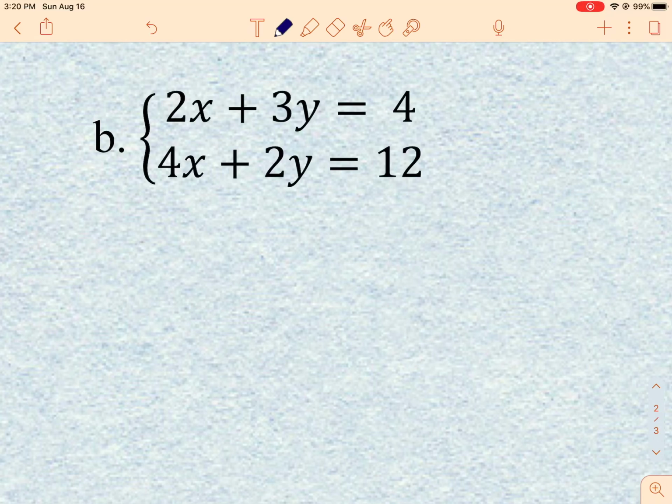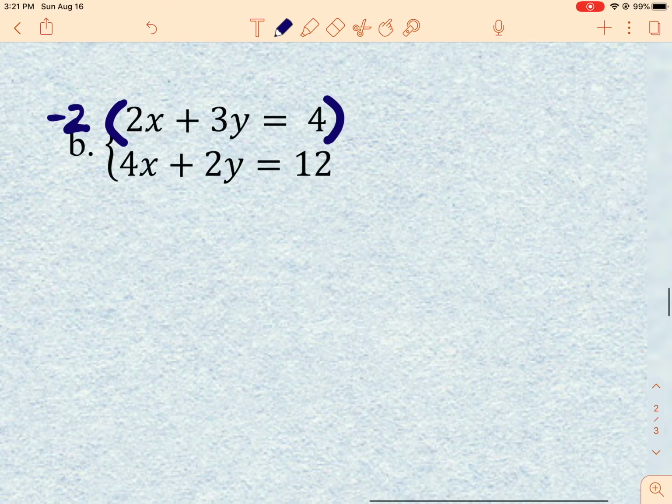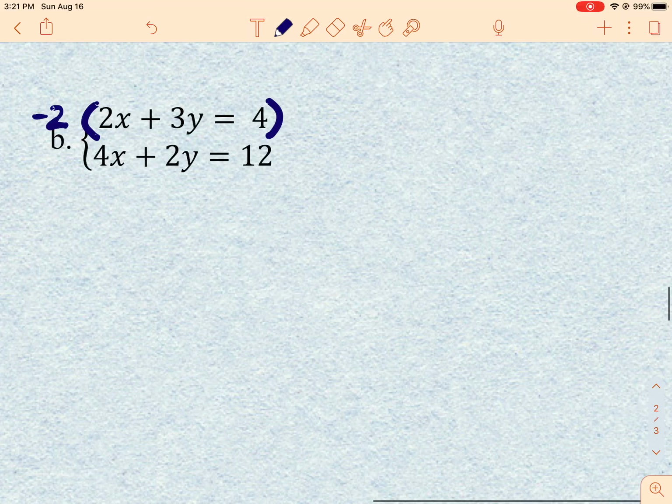But if I look at this top one, if I multiply that whole equation by a negative 2, I'm going to have a negative 2 times a 2x, which is negative 4x, which will be the exact opposite of the second line that has a positive 4x. So then I would eliminate the x's. And don't forget that that negative 2 gets distributed to all three of those terms.